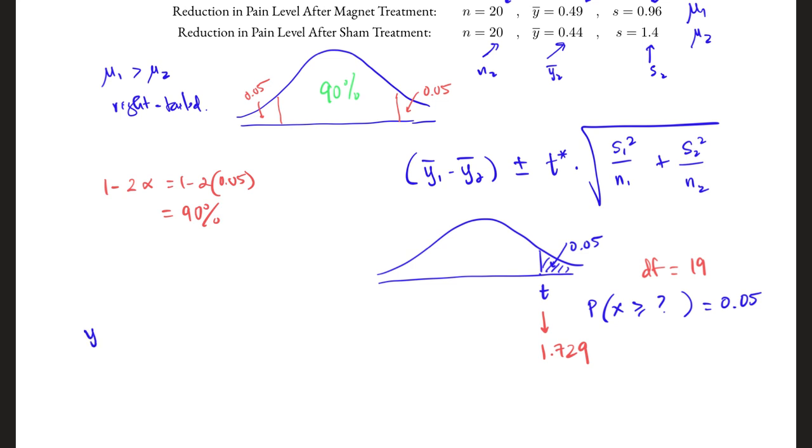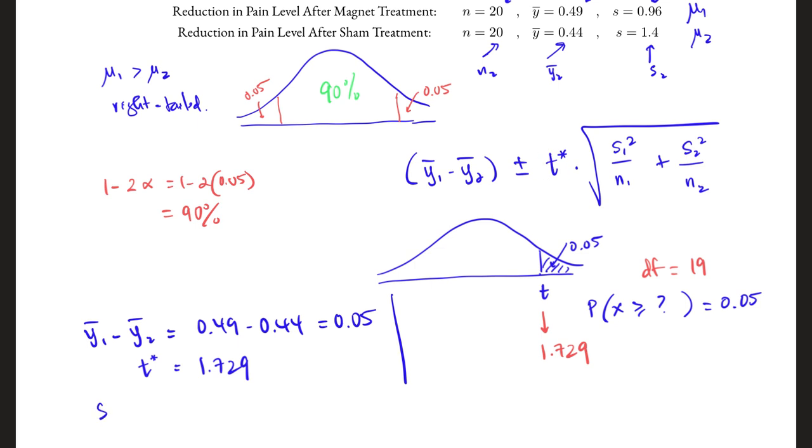The difference in the mean, y sub 1 bar minus y sub 2 bar, is 0.49 minus 0.44 or 0.05, and that is the number that would go here. The critical value t star is 1.729, which we just computed, and that would go here.